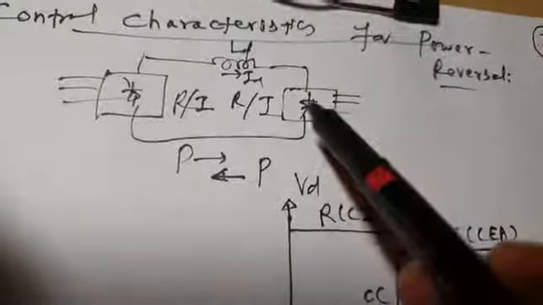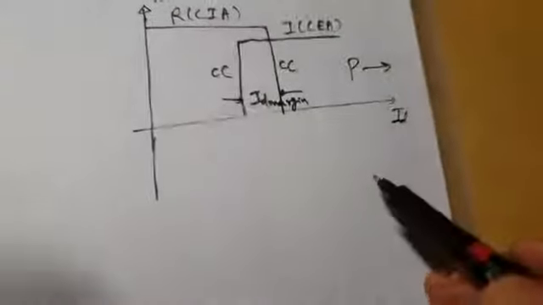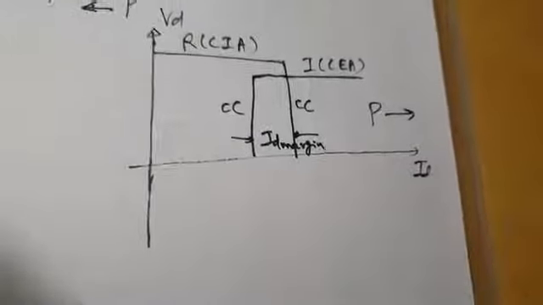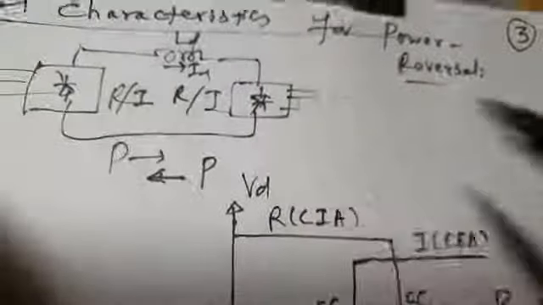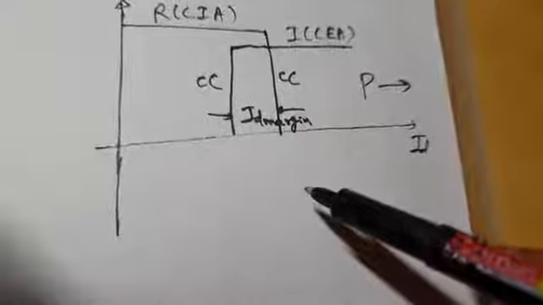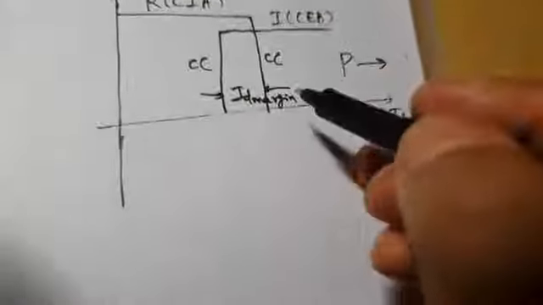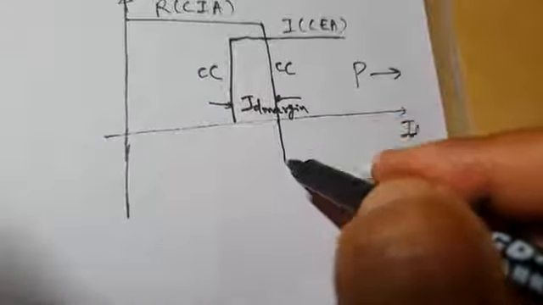Now, if the direction of power flow reverses, say P now flows from this converting station to this converting station in this direction, what will happen to your control characteristics? Your rectifier will behave as an inverter and your inverter will behave as a rectifier. So your rectifier characteristics will become inverter characteristics and your inverter characteristics will become rectifier characteristics.